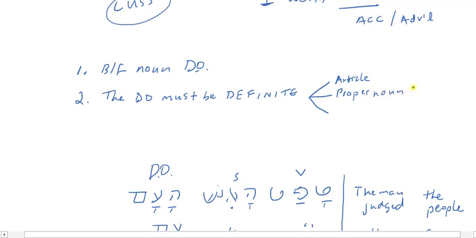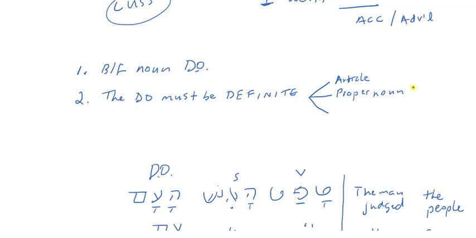A proper noun is a definite thing, right? A bridge is any old bridge, but the Golden Gate Bridge is a specific bridge. And so whenever you see a proper noun, it'll be capitalized in English. That's definite. And would I put a direct object marker in front of it if I said something like, they blew up the Golden Gate Bridge? Yes. I would see et in front of Golden Gate Bridge, however you say that in Hebrew.